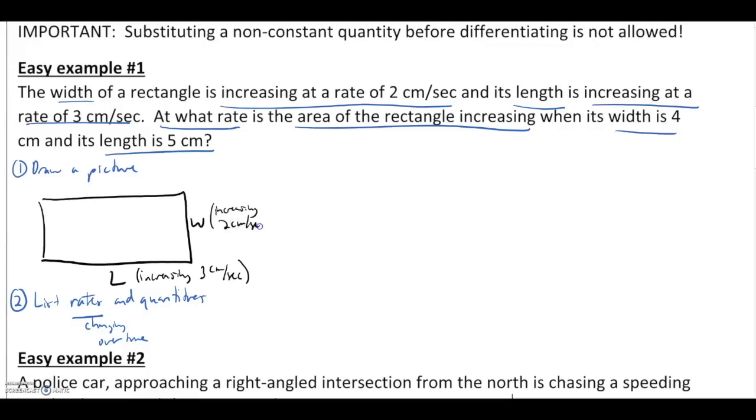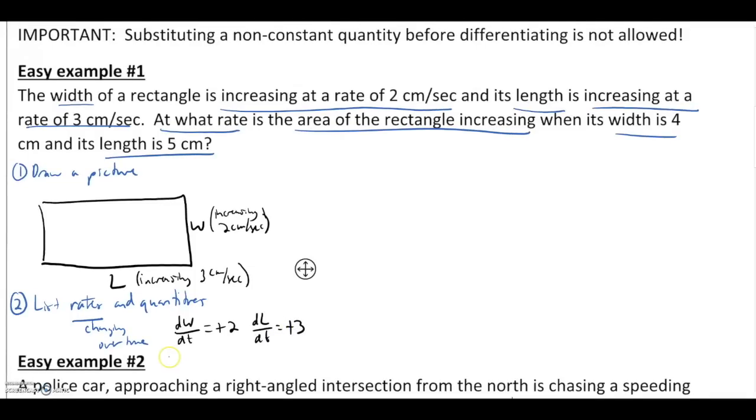So listing out our known quantities, we have the change in width versus time, dW/dt, is equal to a positive 2 because it's increasing. And we know the change in length with respect to time, dL/dt, is a plus 3.